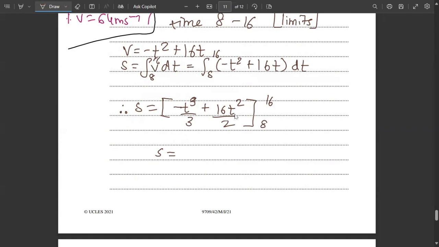If I solve for 16, I'll get 2048 upon 3, minus, and now if I put 8, minus 1024 upon 3. So the displacement will be 2048 minus 1024 upon 3. So the final answer is 1024 upon 3.